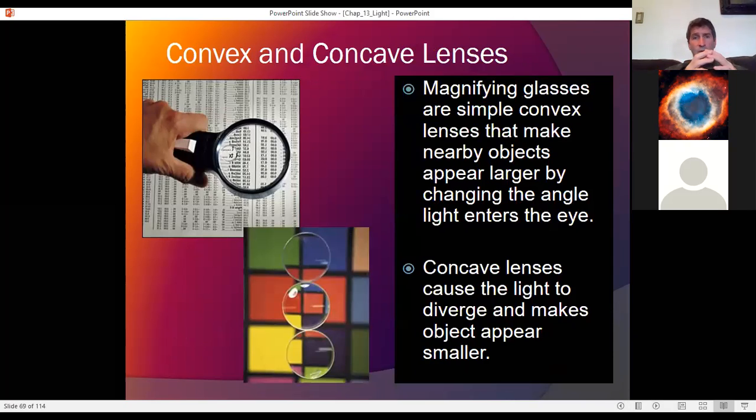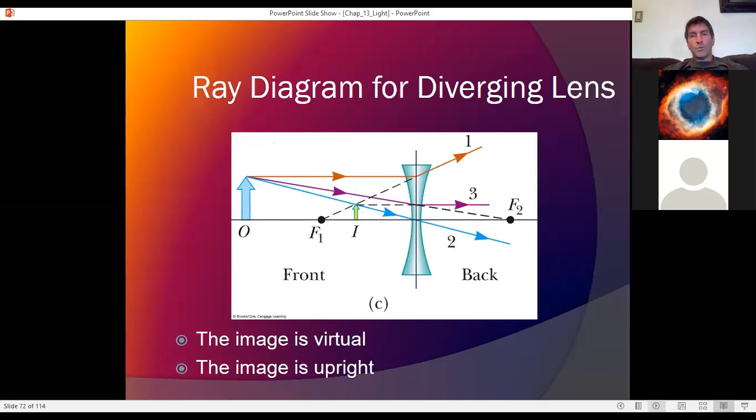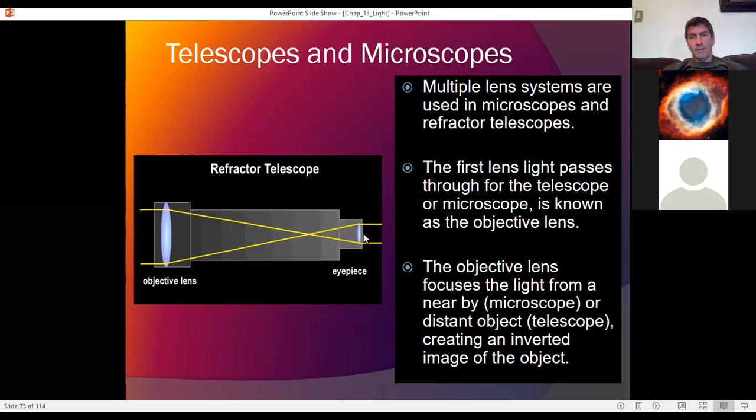If we try to magnify more than that, the image becomes very distorted and it's really not of much use. Microscopes and telescopes allow us to form an image which we can then magnify using an eyepiece, and this allows us to magnify as much as the light will allow us to magnify.